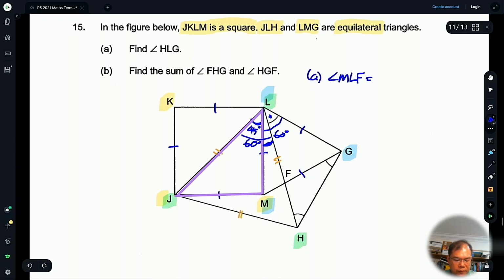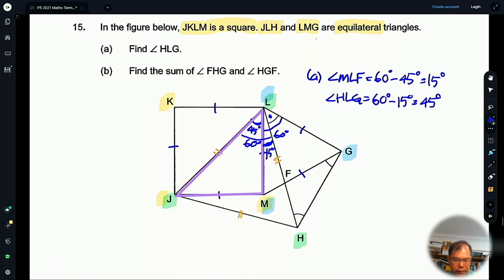So MLF is just 60 degrees minus 45 degrees. That's 15, so this is 15 degrees. If I know that this is 15, I can find angle HLG, which is just 60 degrees minus 15. That's 45 degrees. So this is 45 degrees.